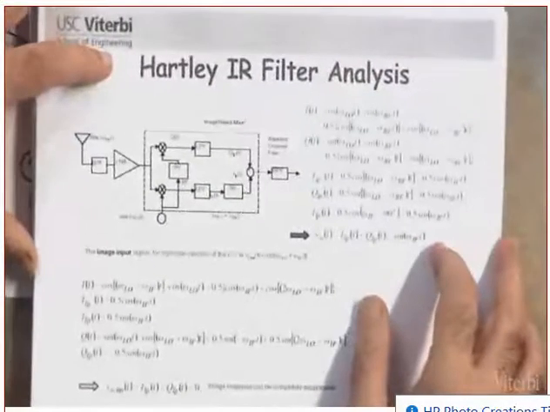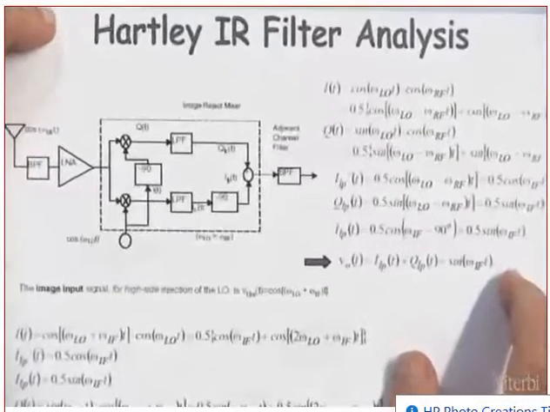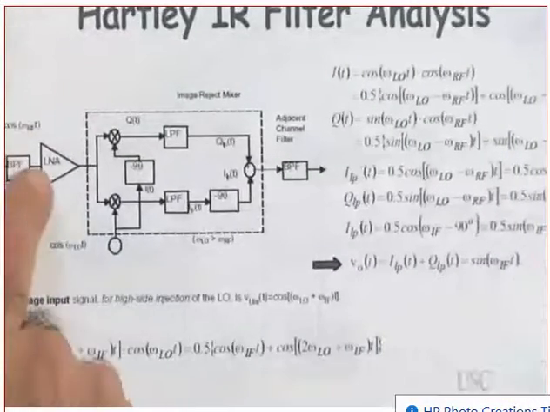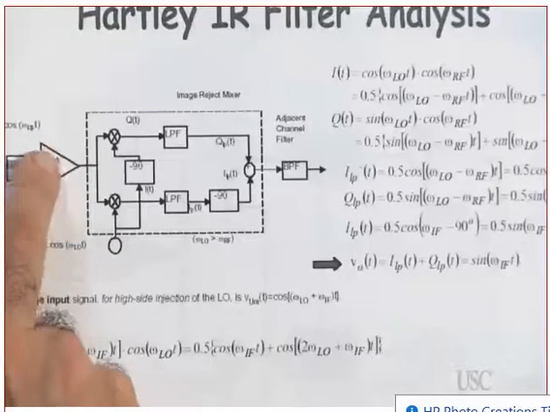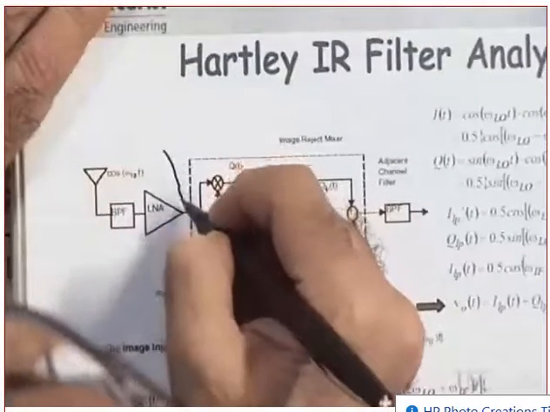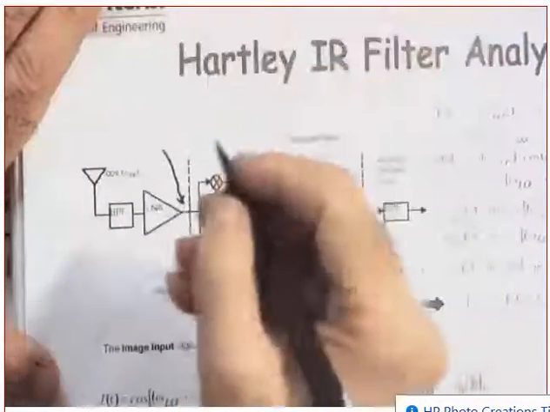Can you zoom in, please, a little bit? Okay, good. What do we have in the signal? Let's assume the amplitude is 1, to make things simple.